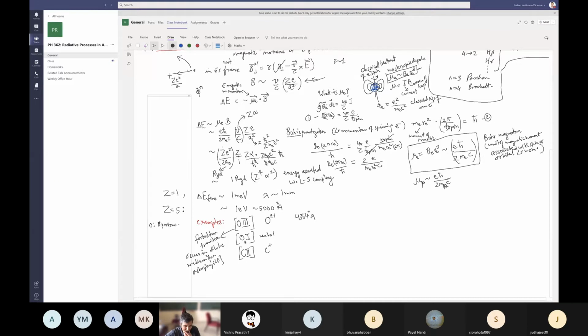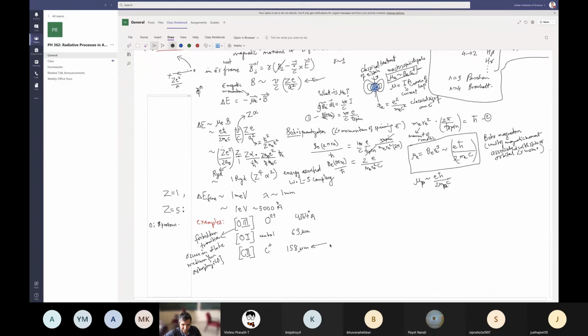But for example, oxygen 1 is 63 microns. So this has a longer wavelength than that because Z is smaller, because most of the nucleus's charge is balanced by the inner electrons. Carbon 2 is 158 microns.